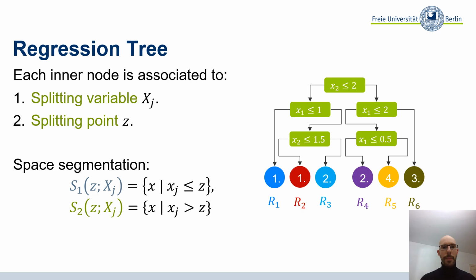So given splitting point c and a splitting variable xj, the first half of the space is going to be all points x for which the value of the jth dimension is smaller or equal to c, and the other half of the space is going to be all points for which the jth dimension is larger than c.